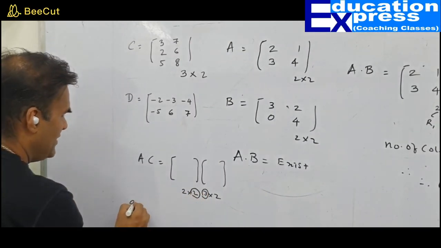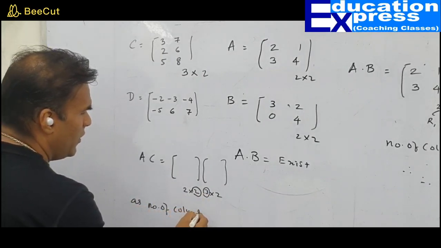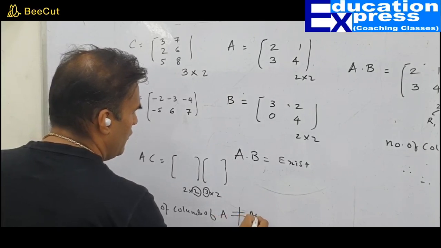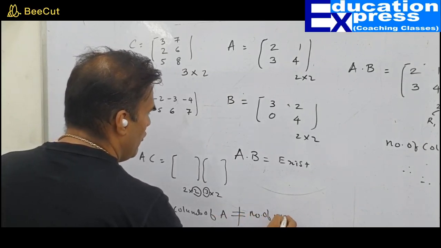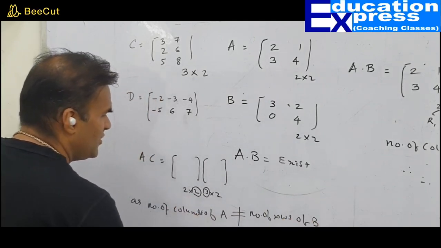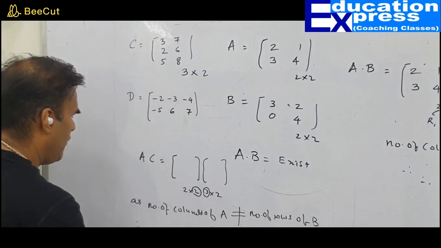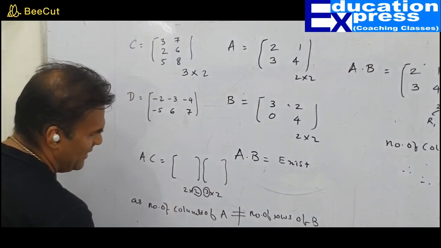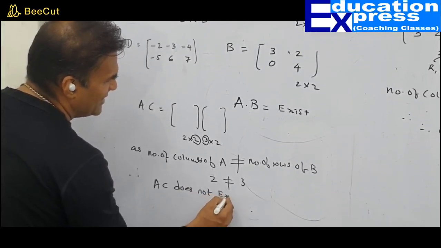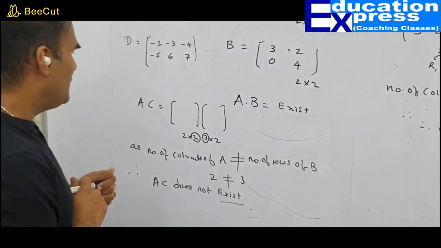No. As the number of columns of A is not equal to the number of rows of C, 2 is not equal to 3. Therefore, AC does not exist.